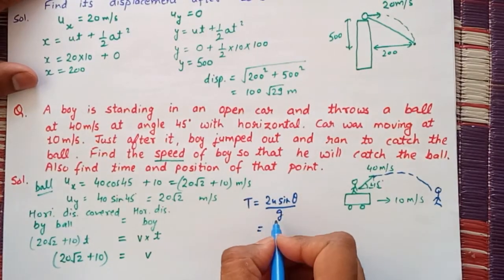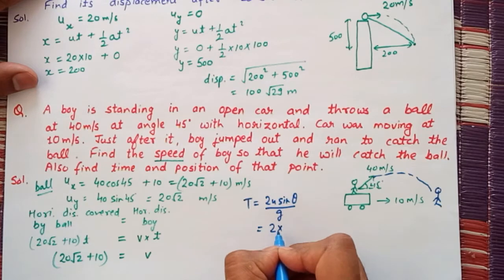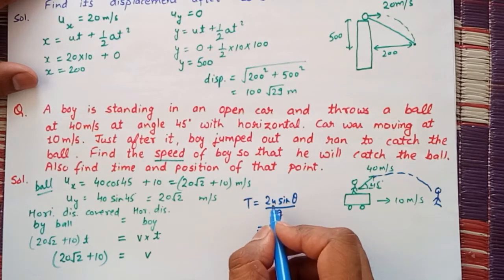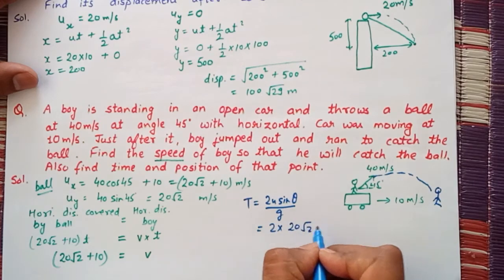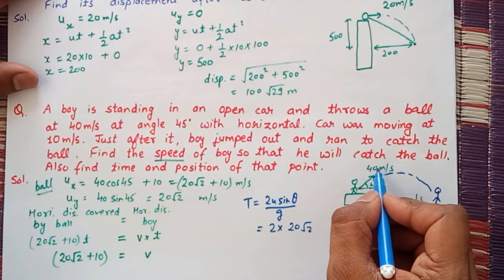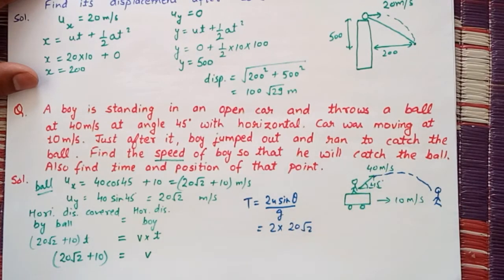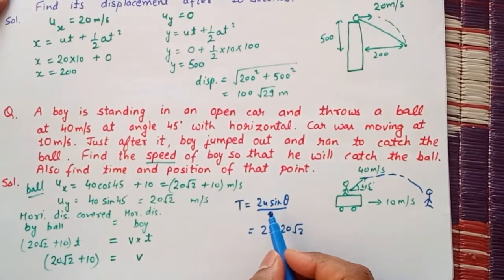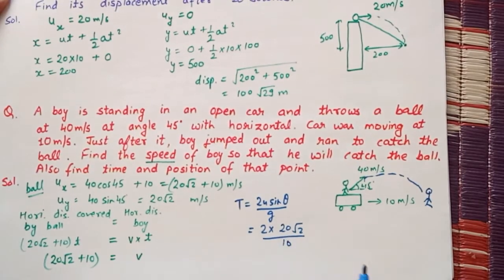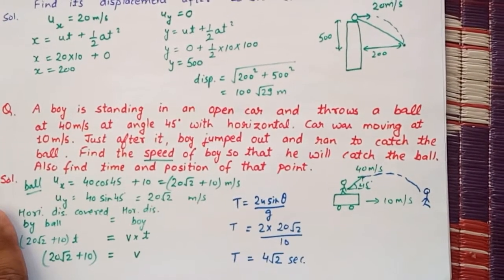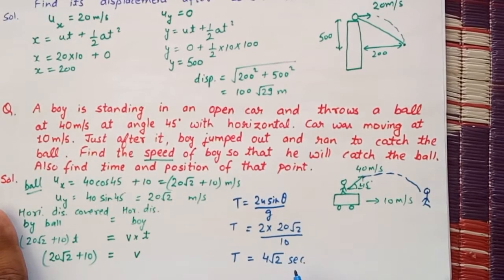What is u sin theta? It was 20 root 2. How? U is 40, sin 45 is 1 by root 2, so u sin theta will be 20 root 2, upon 10. Hence the time will be 4 root 2 seconds.